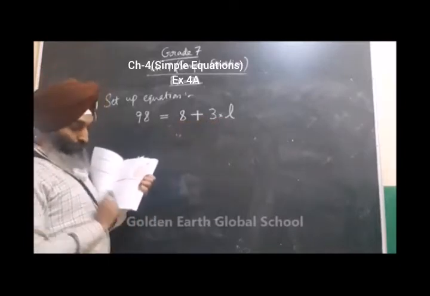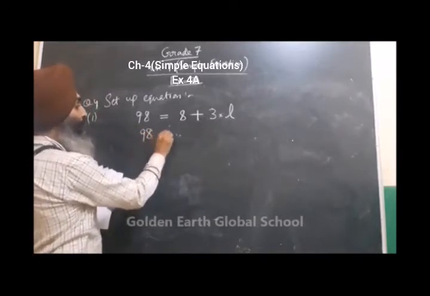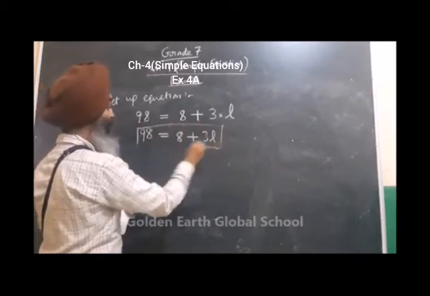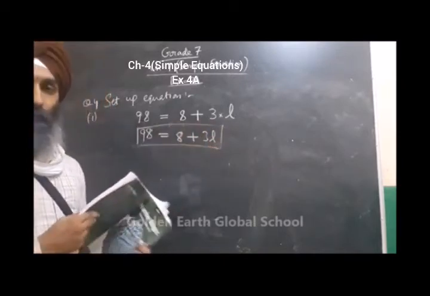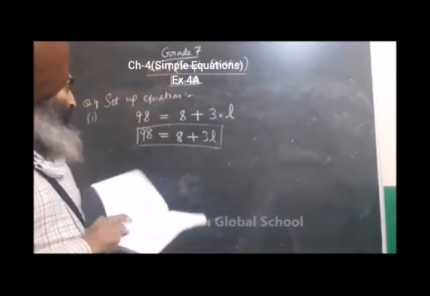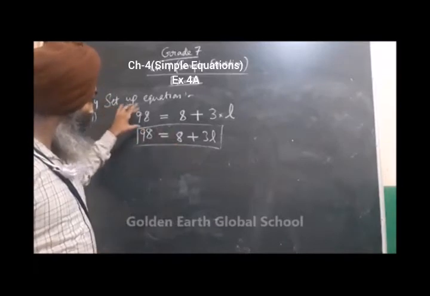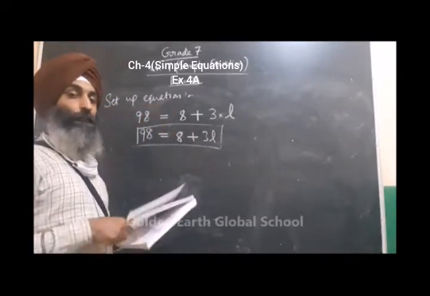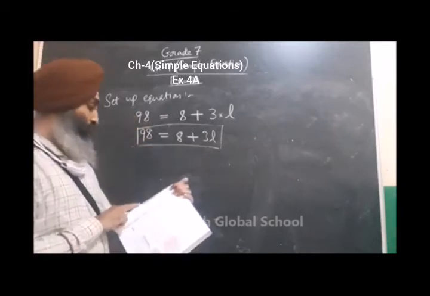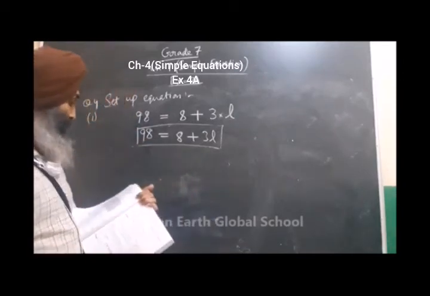That is given in the question. So your required equation is 98 is equal to 8 plus 3n. Understood? Very simple how to make the equation from the statement. Just whatever is written in the statement, you have to write in mathematical form, in numerical form.